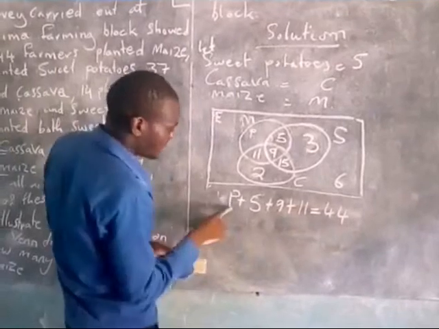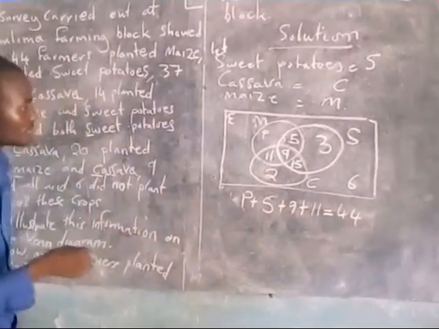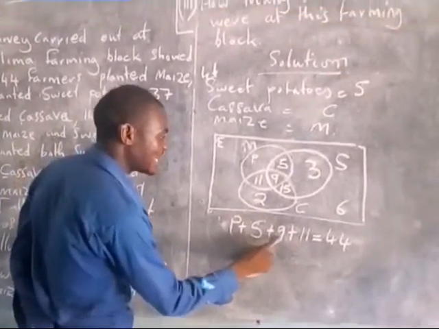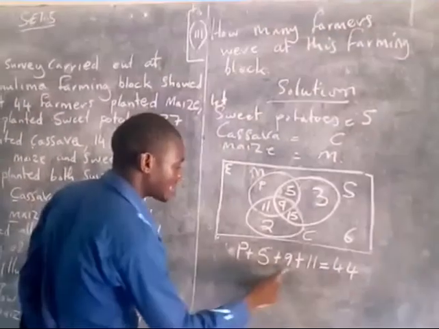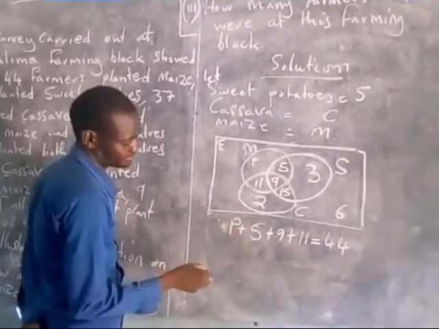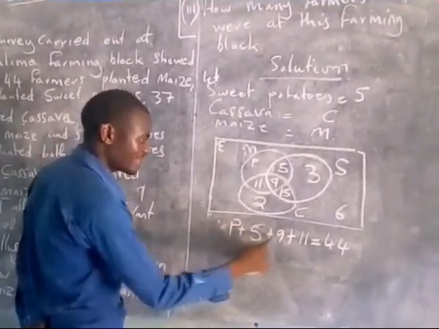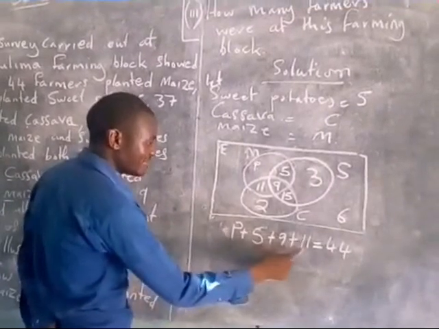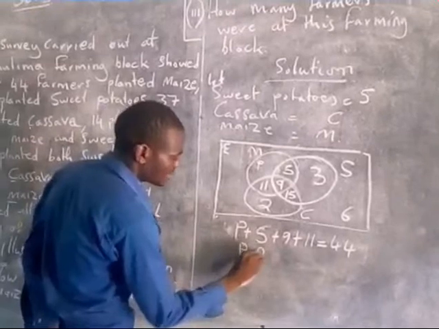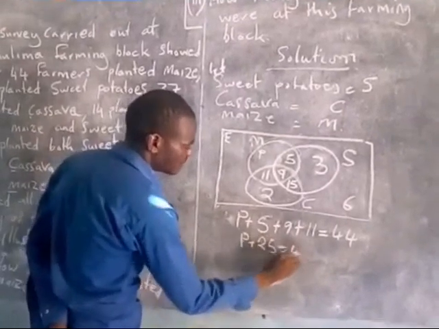So let's look for the value of P. So 5 plus 9 plus 11, when you add this, they'll give you 25. Okay, 5 plus 9 plus 11 is 25. So P plus 25 is equal to 44.